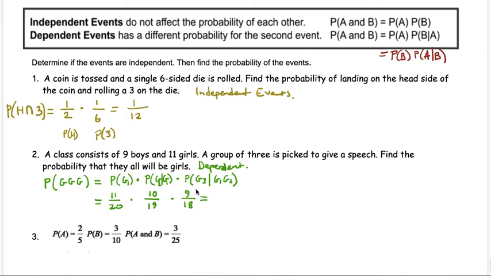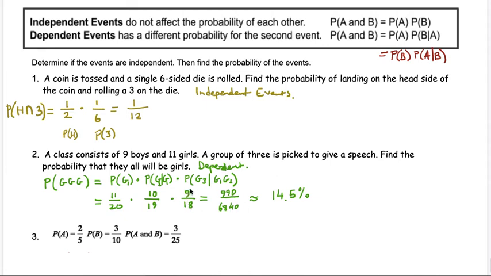We get 11 times 10 times 9, which is 990. Of course, we could have simplified this ahead of time as well. 20 times 19 times 18 is equal to 6,840. I'm going to just convert this to decimal for you. 990 divided by 6,840 is roughly 14.5%, 14.473 and change.